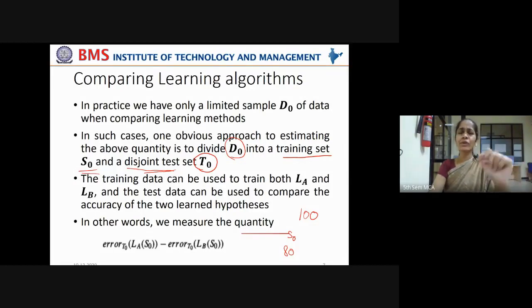Okay, so it is a random selection, and your test set will have the remaining 20 data points, and these two are disjoint. They are not overlapping, meaning a data point in the test set is not available in the training set, and a data point in the training set is not available in the test set.